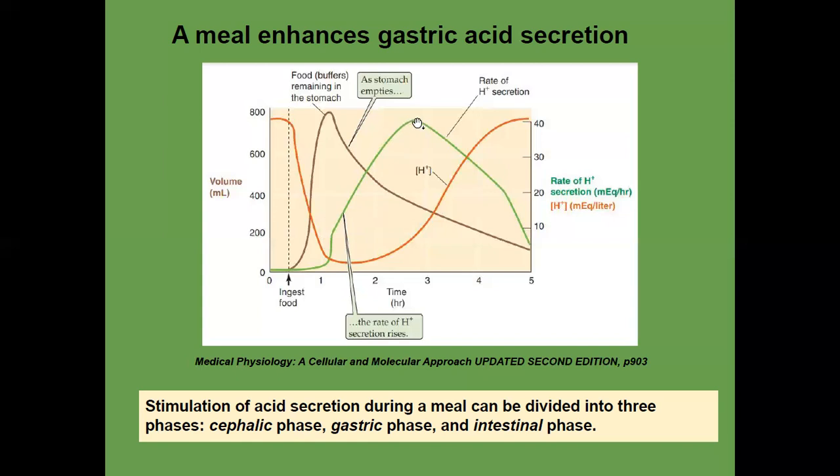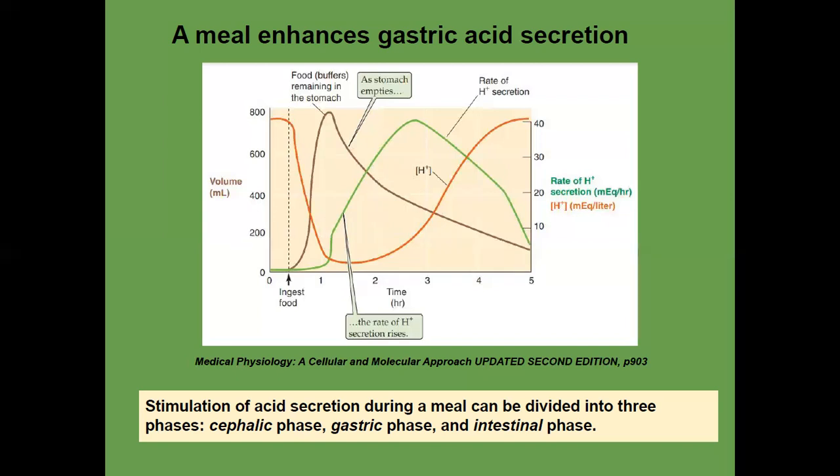At this peak level, you will see the brown line, which means the content of your food. If you compare the peak level, it has already decreased. What does it mean?